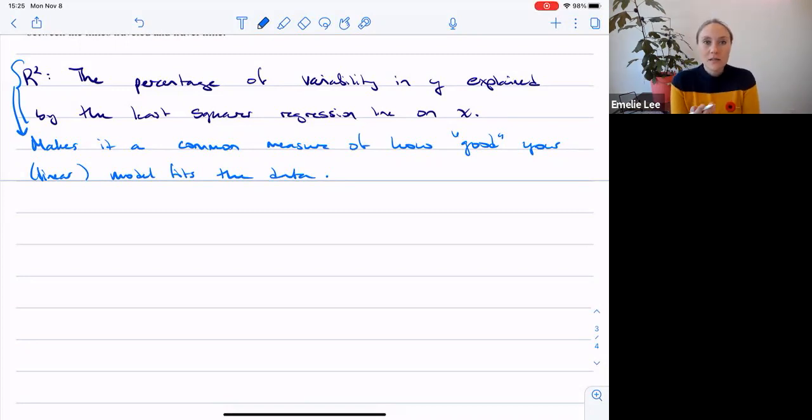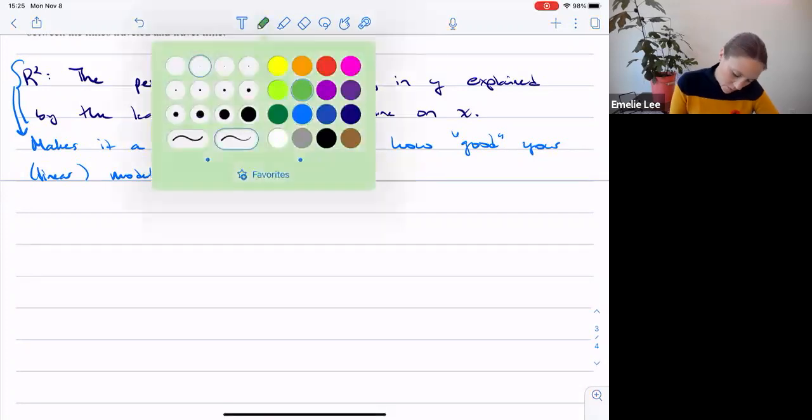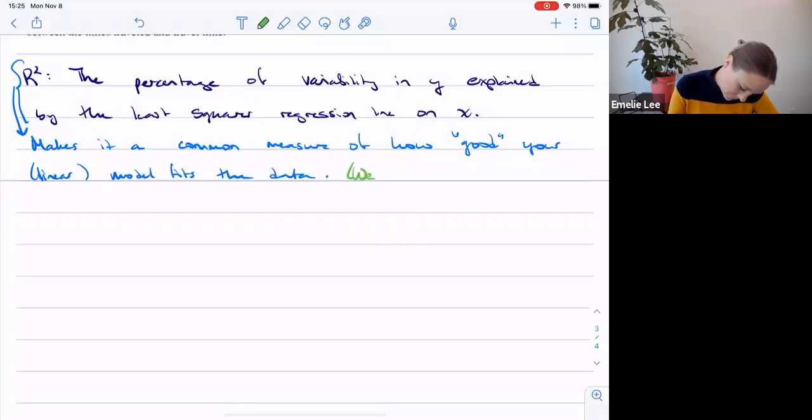So often, in reports and if you're reading articles, they'll report the R squared and it should be pretty high. It's a percentage. And so you want a high percentage of variability to be captured by your regression line. So here we want high R squared values.